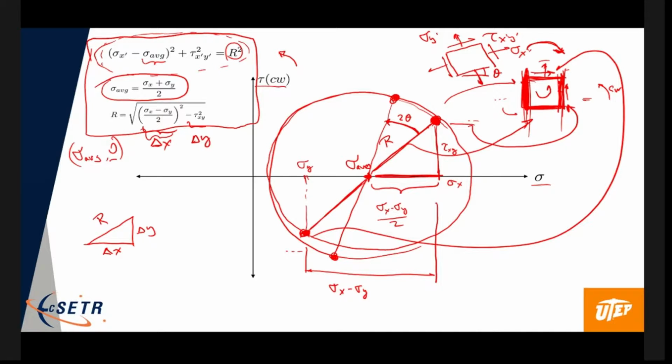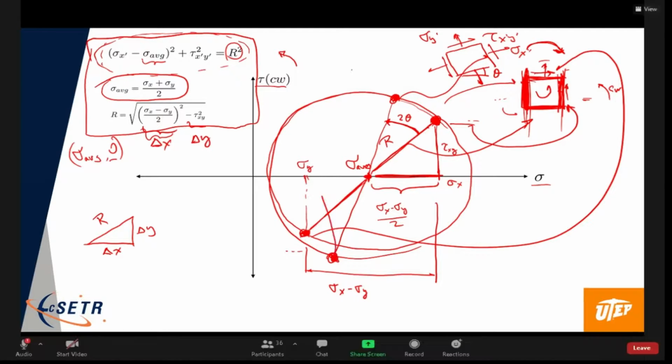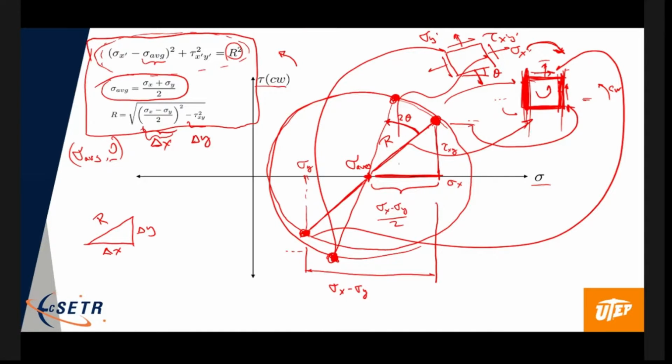This state corresponds to what's going on at this face, and this one is going to correspond to what's going on to this face. So this value here is going to be sigma x prime. This value here is sigma y prime.